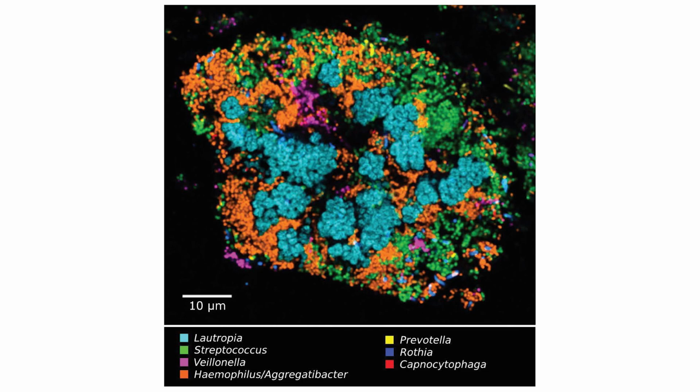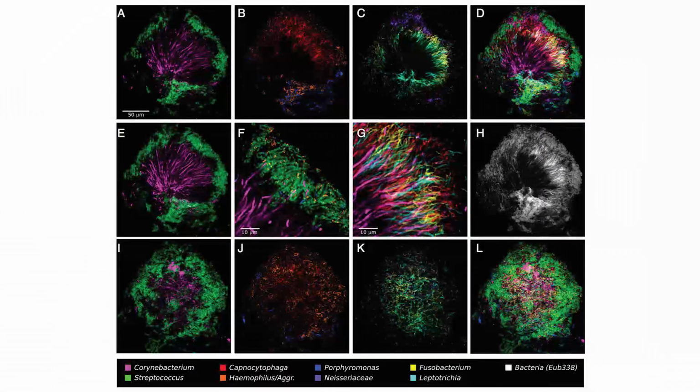Here's just another picture from that paper showing the arrangement of bacteria growing on the tips of this cauliflower-like structure. And again, this shows the backbone of Corynebacterium supporting a variety of other bacteria towards the edges of the structure.